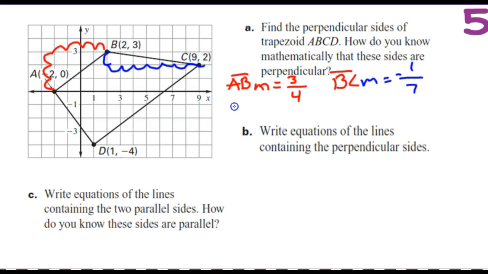Our line CD, that slope is up again, so it's going positive. 1, 2, 3, 4, 5, 6, and over 1, 2, 3, 4, 5, 6, 7, 8, which simplified would be 3 over 4.